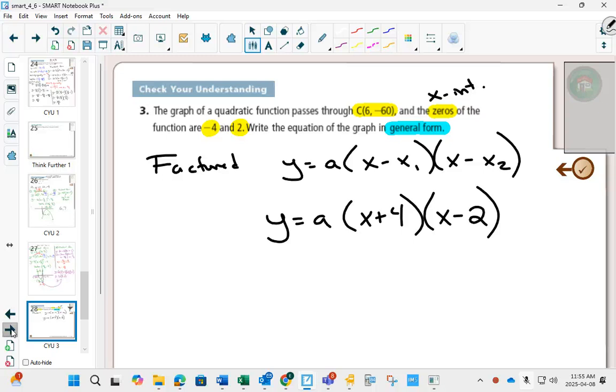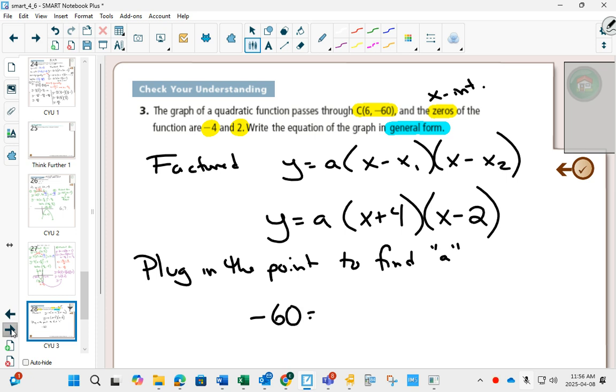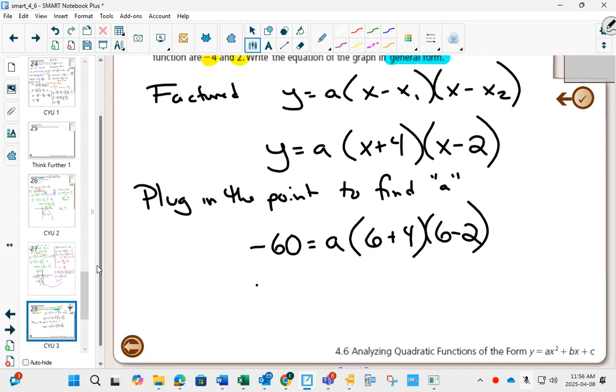Anytime you're given a point on the graph, that point makes the equation true. So we can plug in the point, its y coordinate and its x coordinate, to find the a value. I know that when y is -60, x has to be 6. So I plug that in and simplify and see if I can get a by itself.